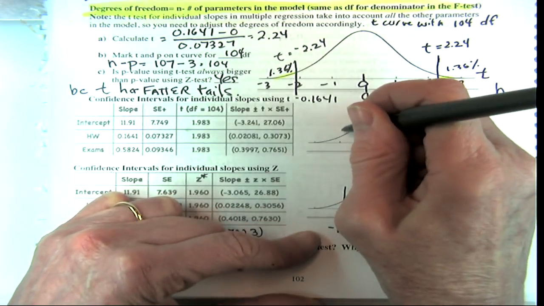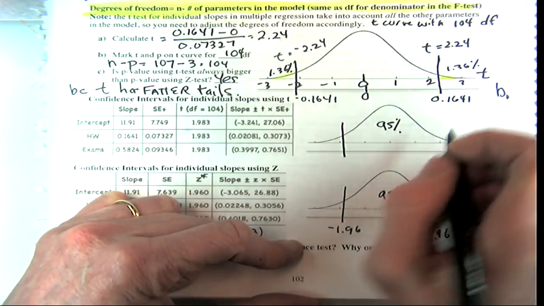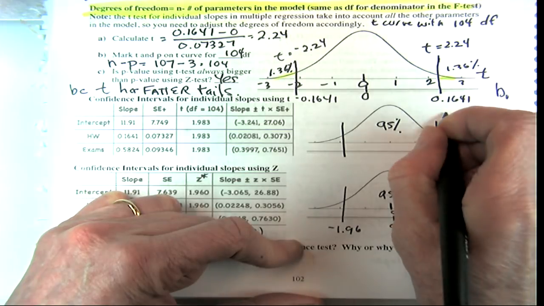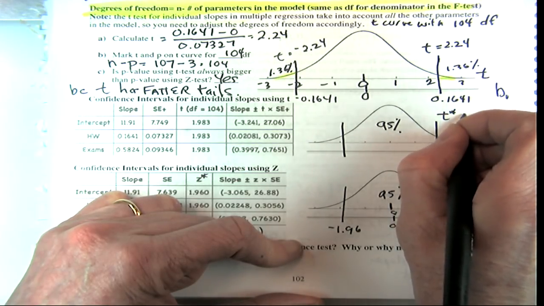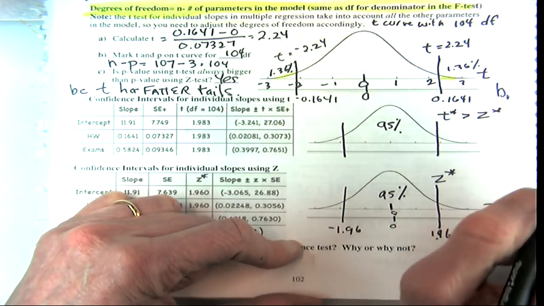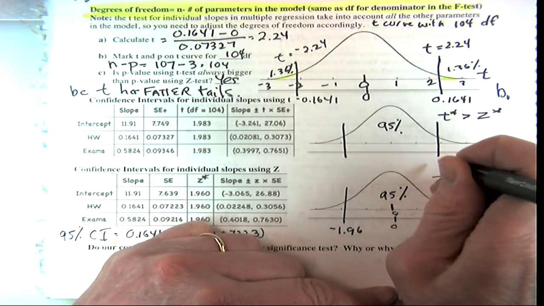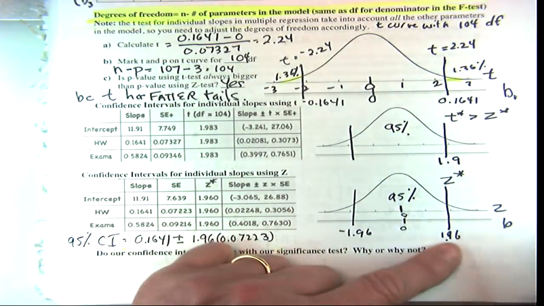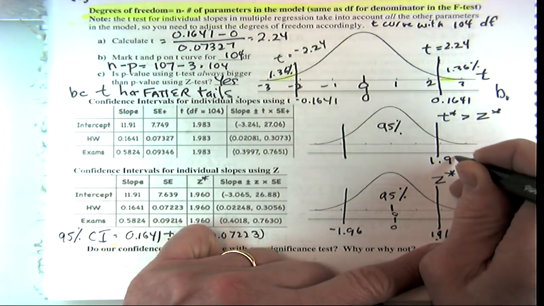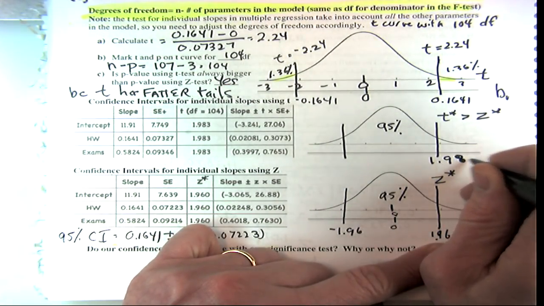And okay, so here it is. It's just t star, and it's going to be bigger than z star. T star is equal to not 1.96, but 1.983. So it's bigger.